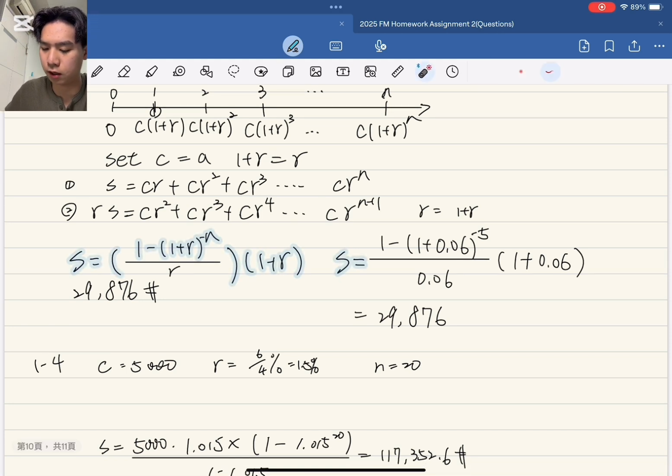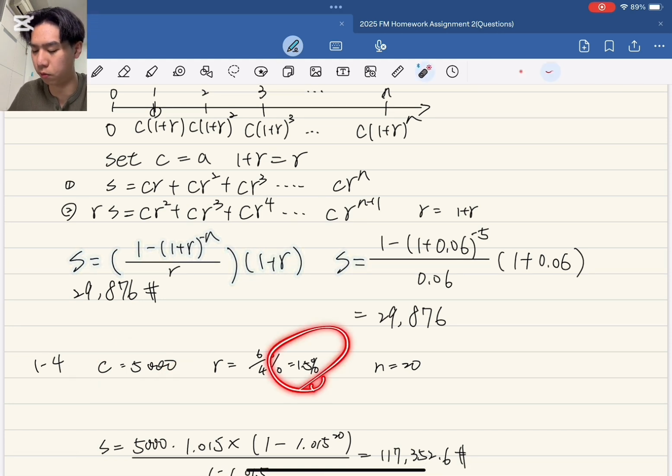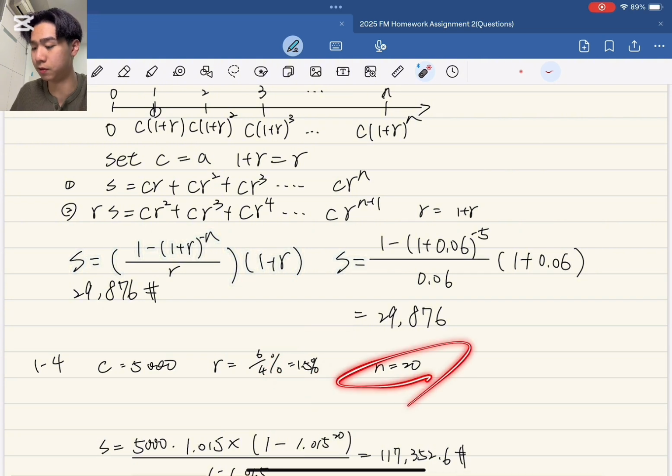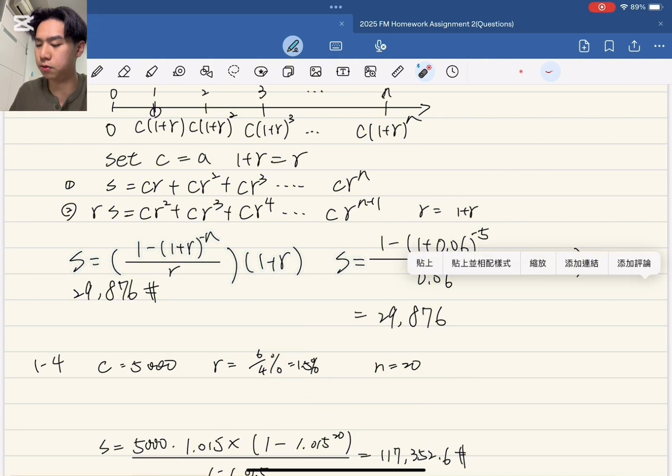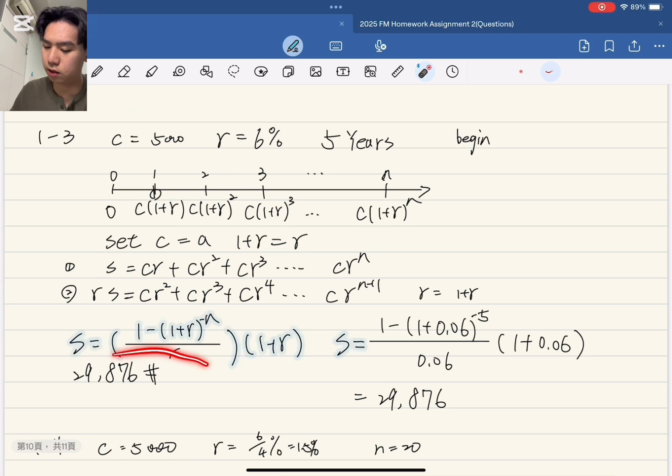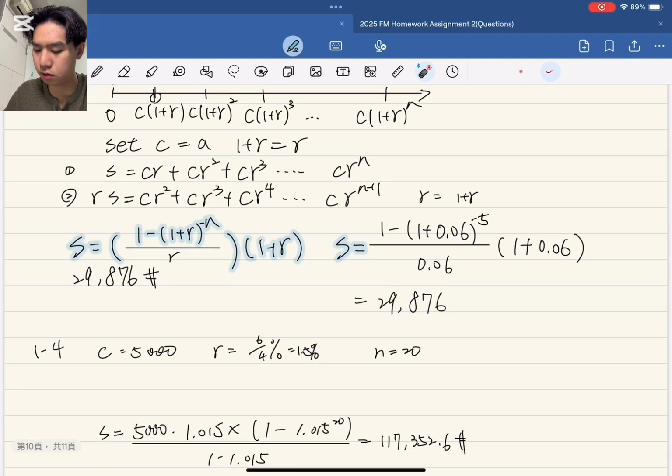We tidy up. Cash flow 5,000, interest rate 1.5%, 20 times, and use this formula to calculate.